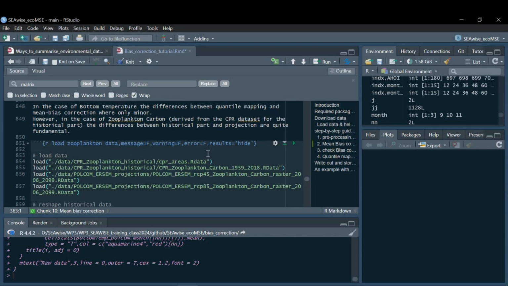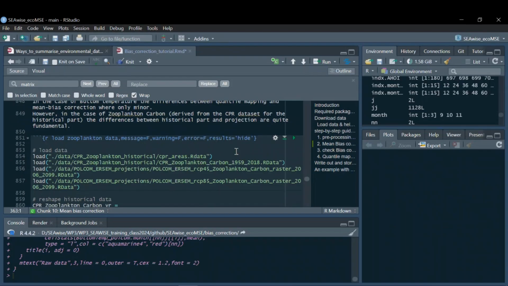This is zooplankton data that are already aggregated over the CPR areas for the historical data set. And this comes from the CPR, so the continuous plankton recorder data set.